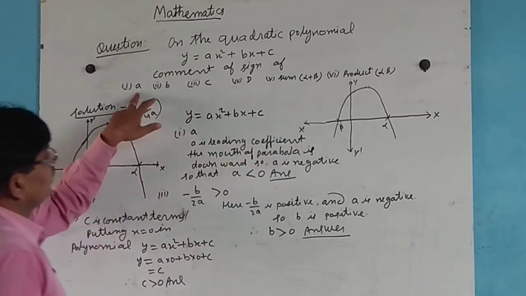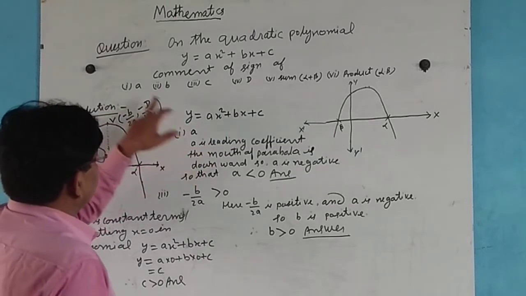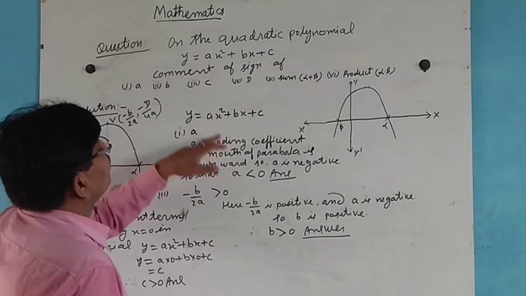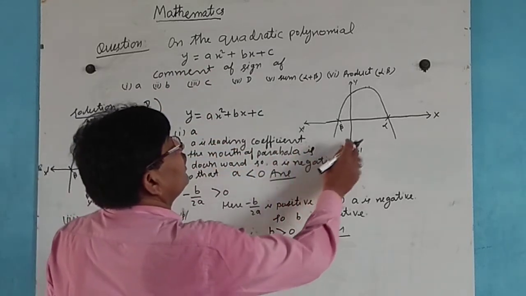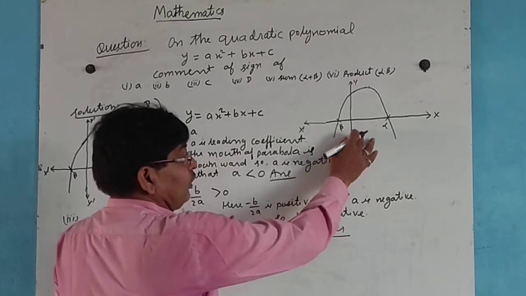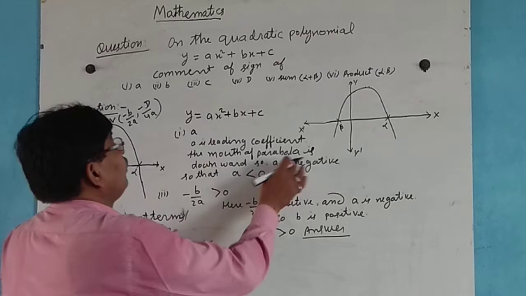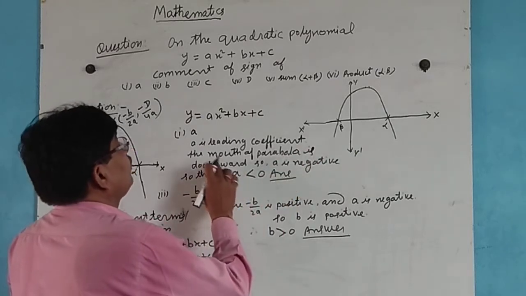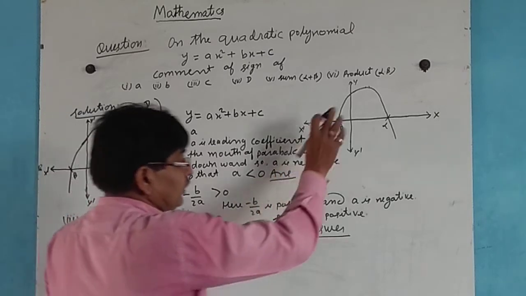First, we discuss the sign of a. a is the leading coefficient, and here the mouth of the parabola is downward, so a is negative.